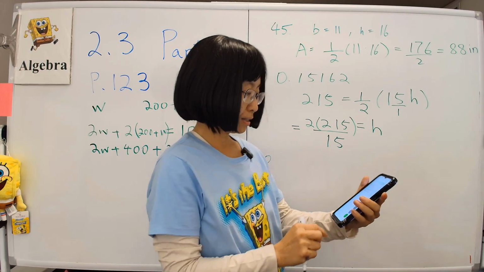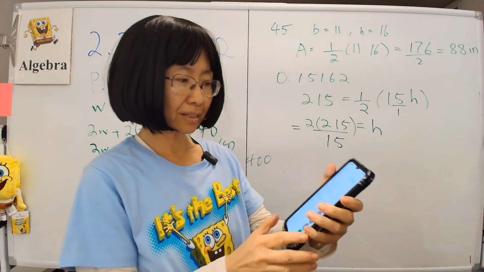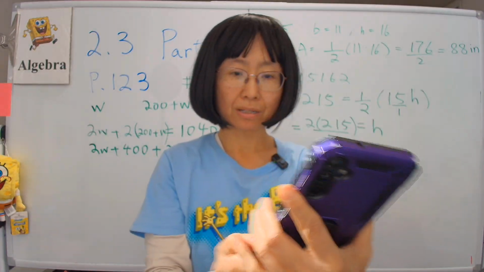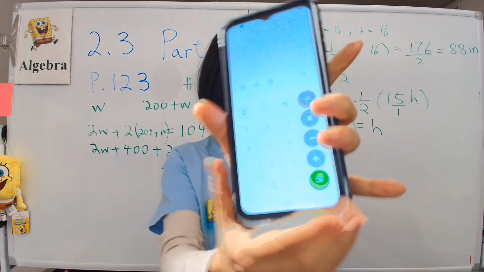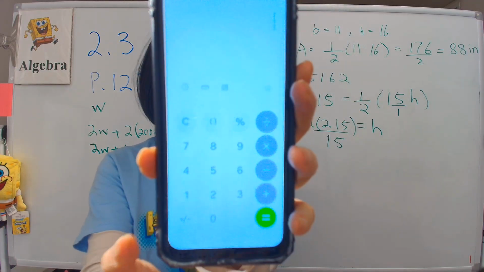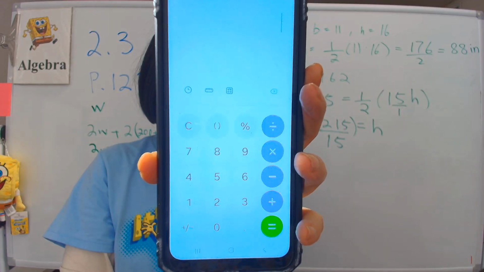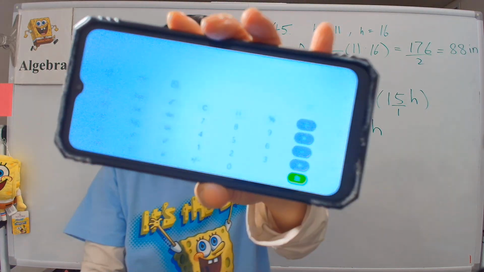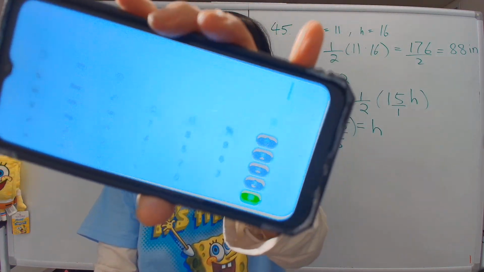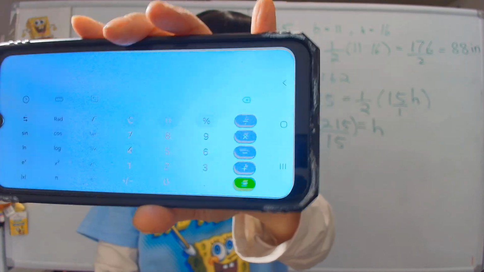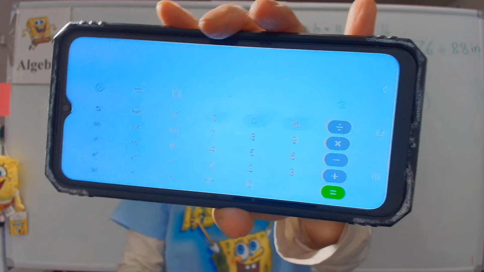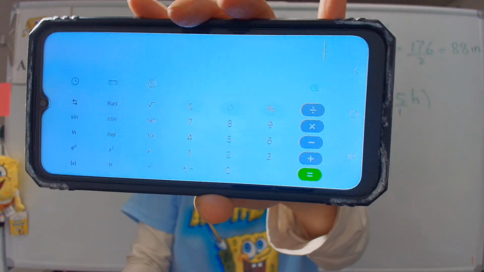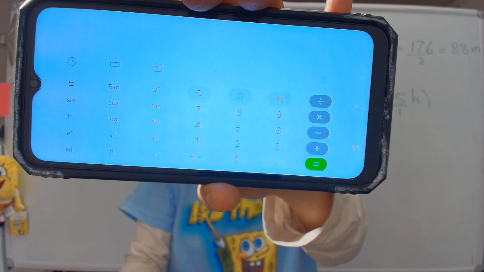I will show you this. This is just my cell phone. It has an old number there. Let's get rid of that. I would like to show you the scientific calculator. Every cell phone, computer, iPad and whatnot has a scientific calculator, but this is not showing very well. Can you see it? Okay, kind of, I guess.